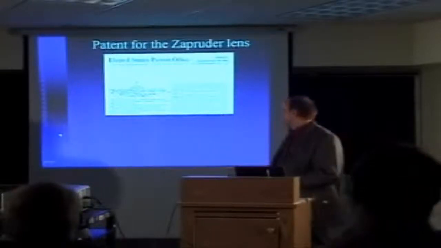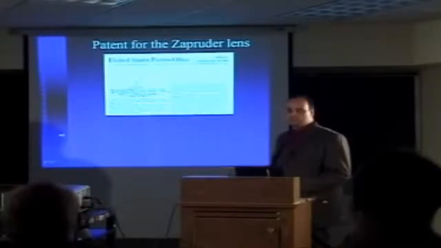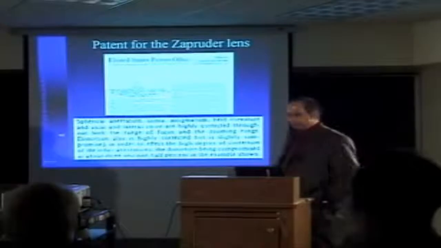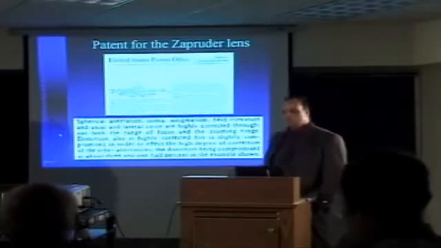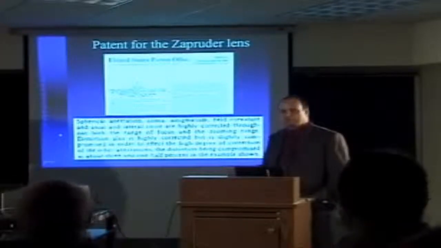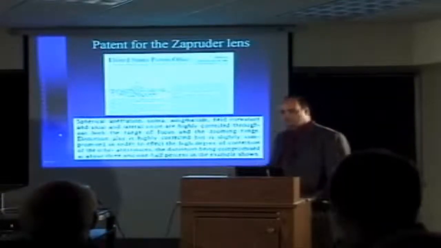So this is the one in the Zapruder camera, and it goes through many technical things in a very highly abbreviated way that the patent office uses. But the important thing is these things are highly corrected. This was a very good camera for 1963, probably the top of the line home 8mm movie camera as far as I can tell.